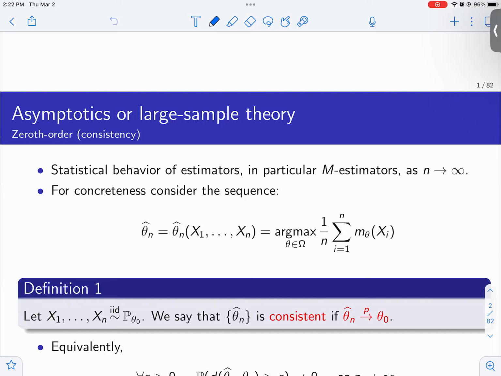So you let n go to infinity and use IID settings, and then things simplify. Asymptotically, the picture becomes much easier to see. So you can compare estimators asymptotically.